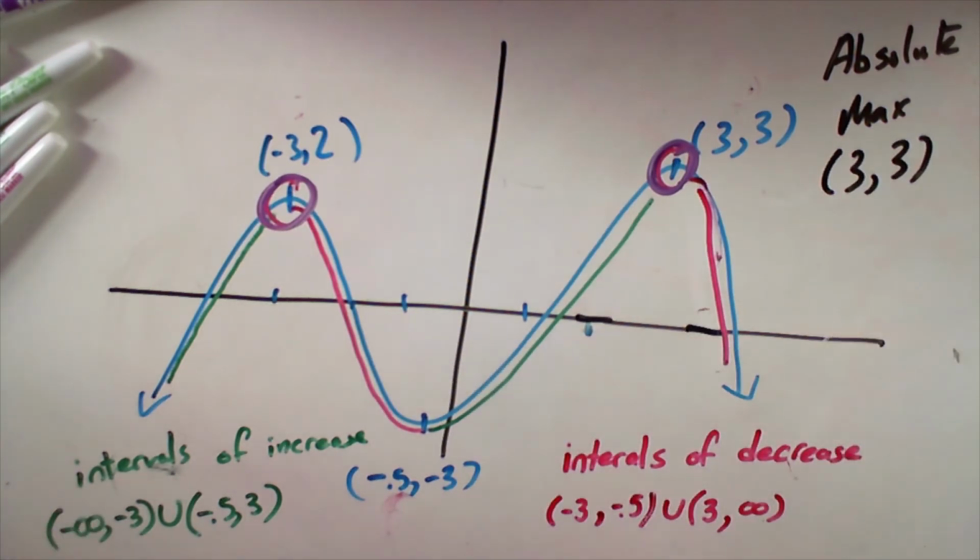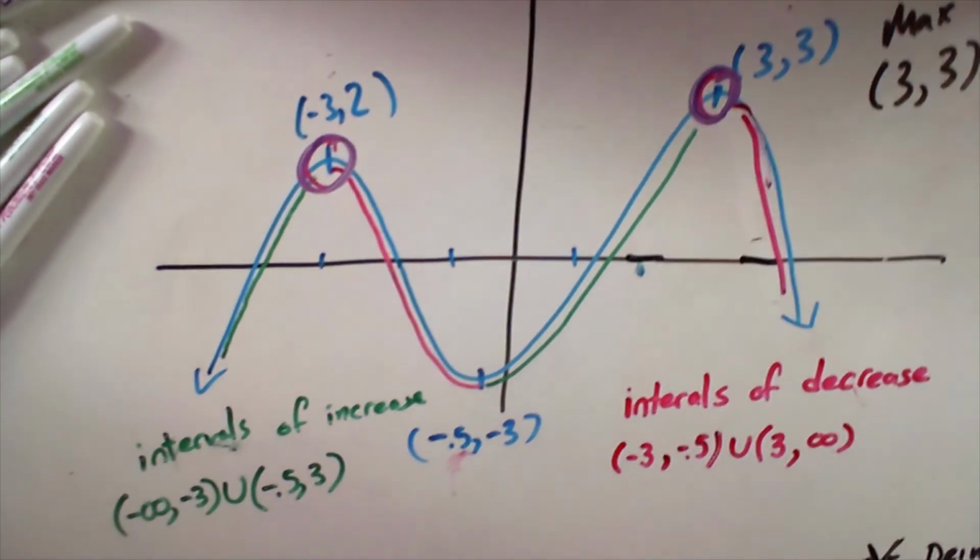Now, all functions do not have absolute maximums and absolute minimums. Like in this case, because these arrows go down forever, there is no absolute minimum. So we do have an absolute maximum, we do not have an absolute minimum. But the other thing that we talk about is the idea of relative minimums and relative maximums. Once we've identified the absolute maximum, that is not a relative maximum.